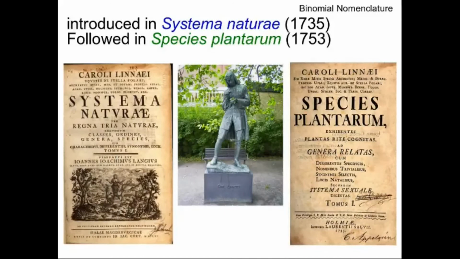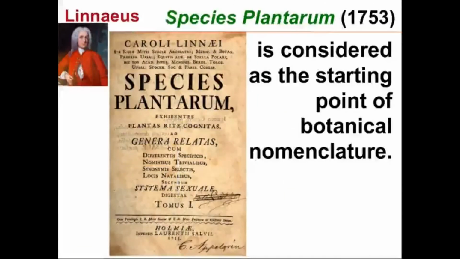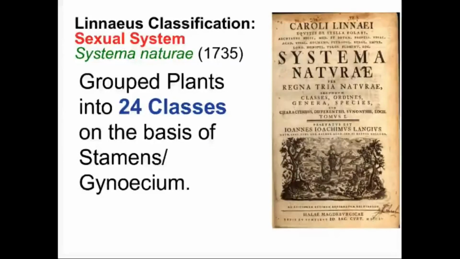The binomial system of nomenclature was introduced in his book Systema Naturae, 1735, and followed in his later book Species Plantarum. Species Plantarum is considered the most prominent one and the starting point. It was published on the 1st of May 1753. He also contributed to the classification scheme.